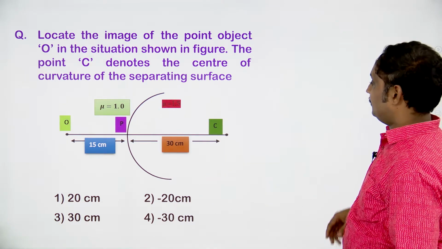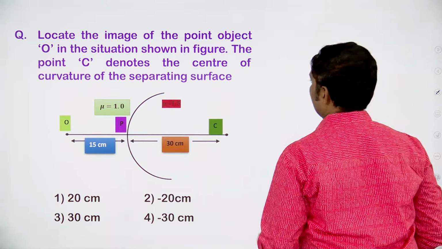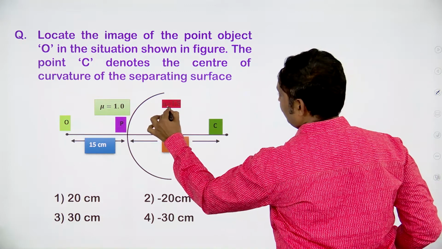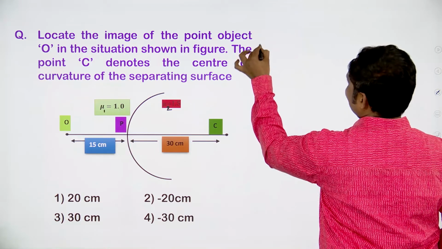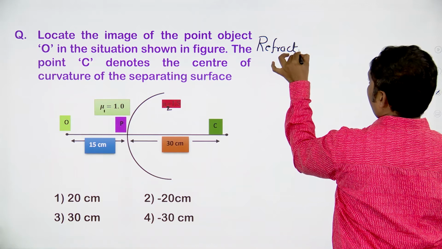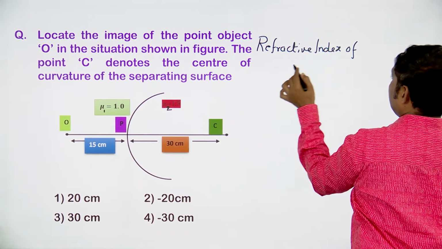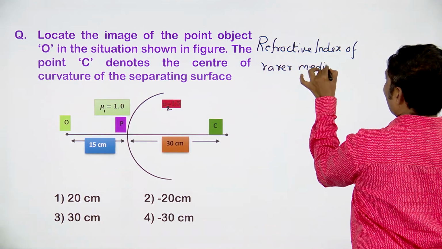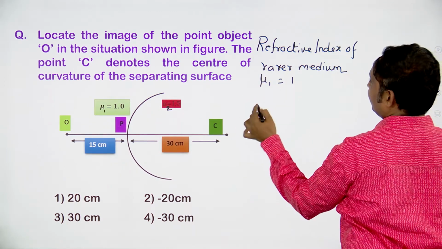We would like to go for this one. From the given data you can write down, let's assume this is going to be mu 2 and this is going to be mu 1. The refractive index of the rarer medium, that is mu 1, is equal to 1.